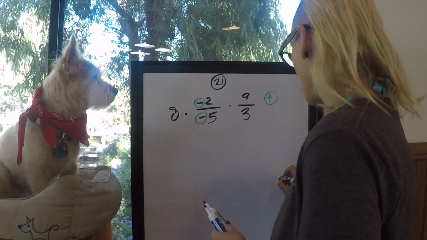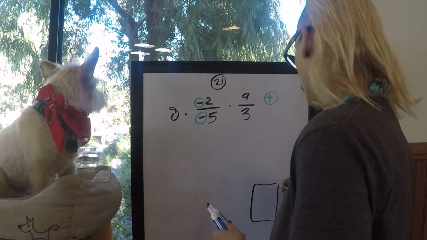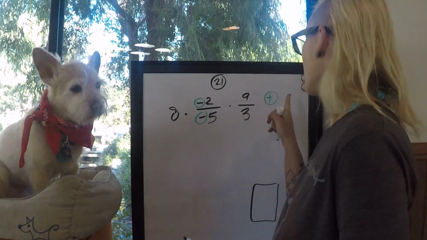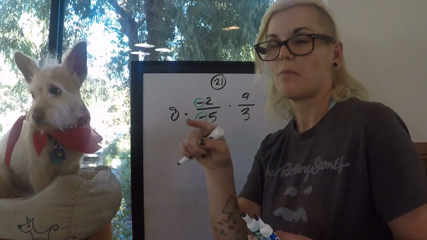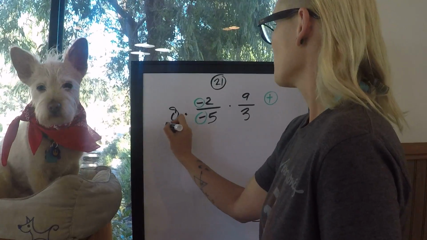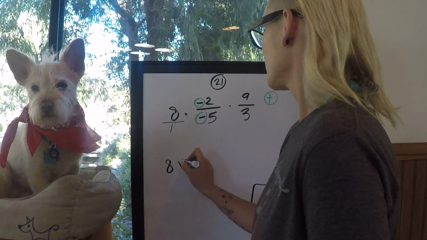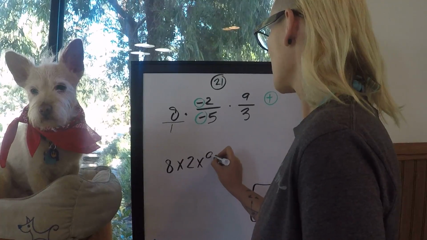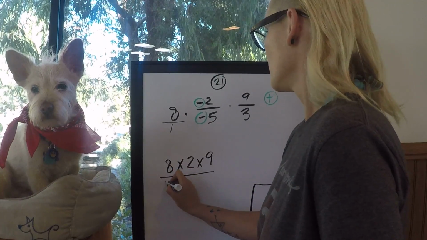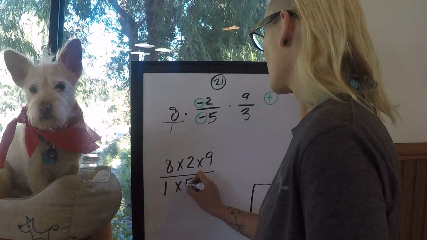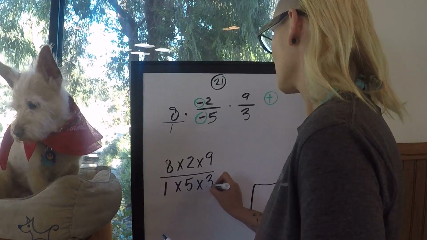So in my answer box, I don't really need to write anything, but I kind of like writing to the side that it's a positive answer. All right, I'm going to put this over 1 since it's a whole number. I've got 8 times 2 times 9 over 1 times 5 times 3.